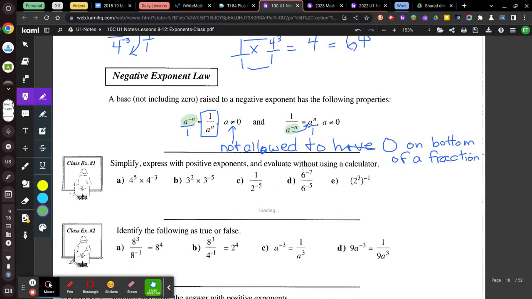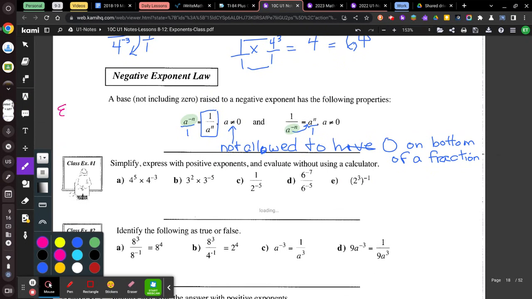So take a look at what this could look like, a little bit more challenging. So if I've got a few different numbers, let's say I've got 15 and I've got x to the 5, y to the negative 3, all on top of 3, w to the negative 2, and z to the 4.